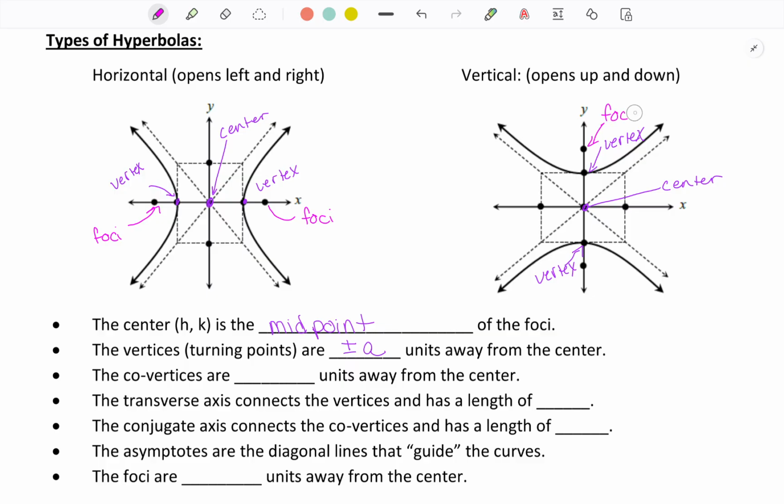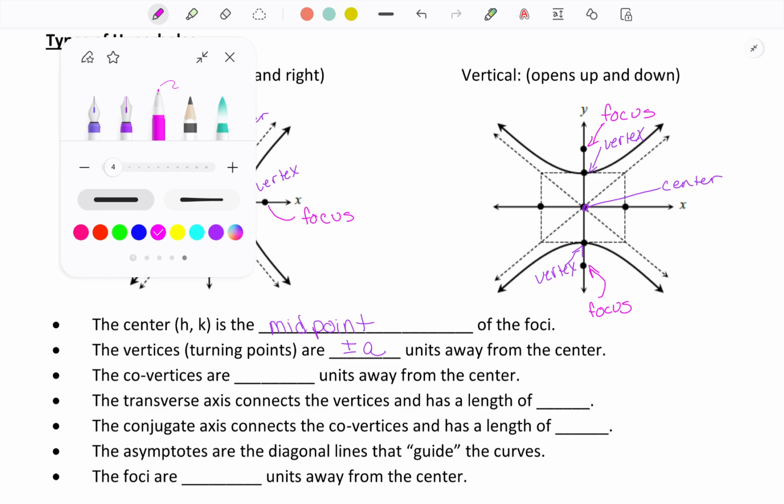And actually, I should be writing this as focus, because when it is by itself, it is a focus. It's only foci when it is plural.